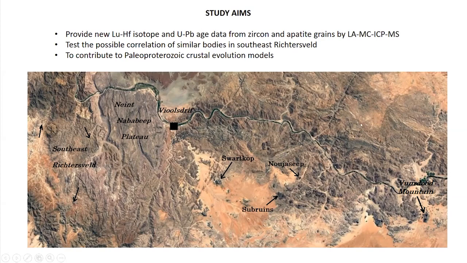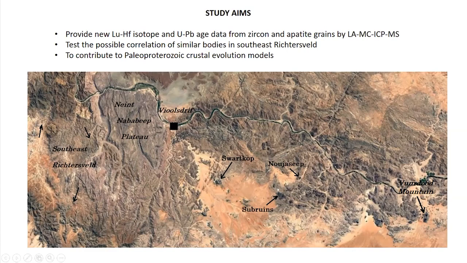The Richtersveld magmatic arc rocks in the eastern area, southeast of Vioolsdrif. Currently, all the mafic, ultramafic bodies in that area are included in the Fieldwood subsuite, but it is separated from the west. The southeast Richtersveld is west of the so-called Nababeep Plateau, which is Phanerozoic, late Proterozoic Nama group sediments overlying the basement rock there.